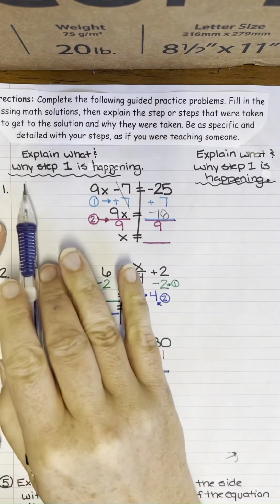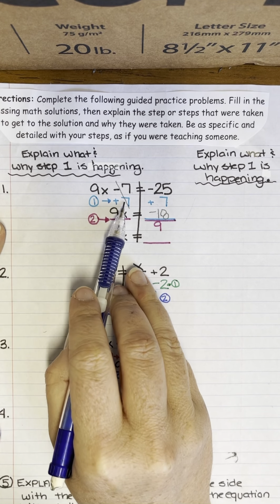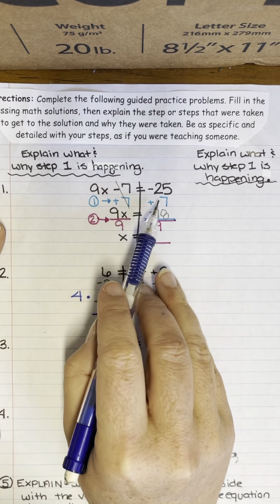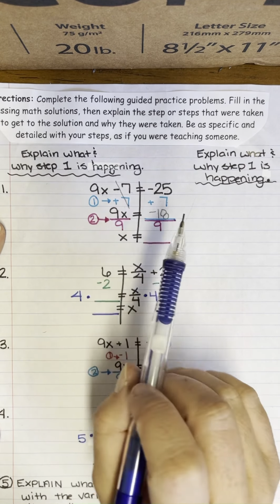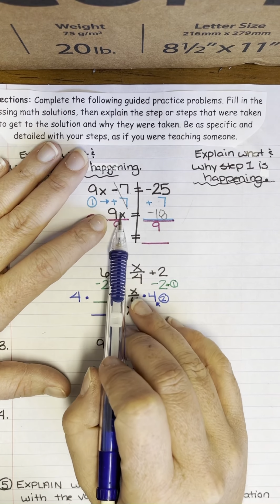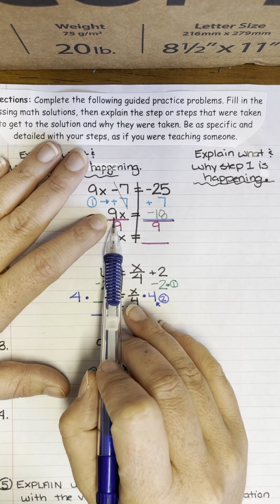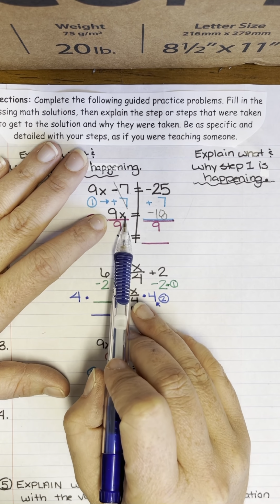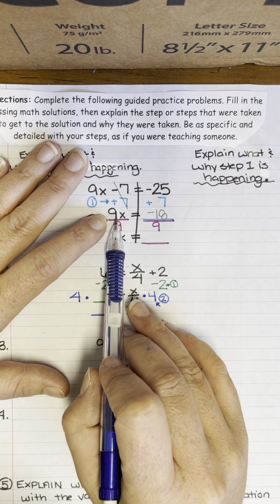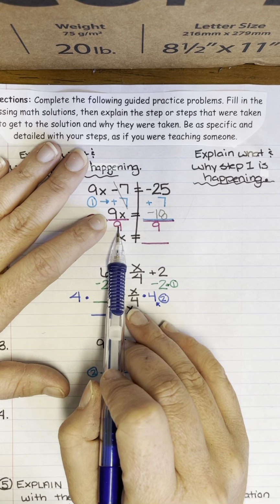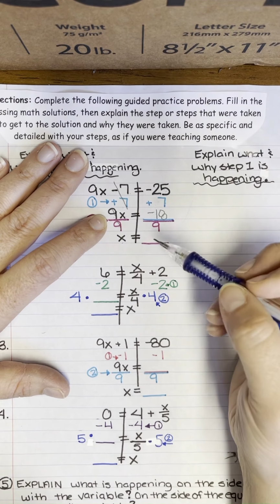So step 1, we did the inverse operation of subtract 7 by adding 7. We added 7 to both sides to ensure that we kept our equation balanced. All right, step 2, we now have 9x is equal to negative 18. And remember, we said 9x says 9 times x. To undo that or do the inverse, we're going to do 9 divided by 9, which leaves us with 1x, which isolates the variable.